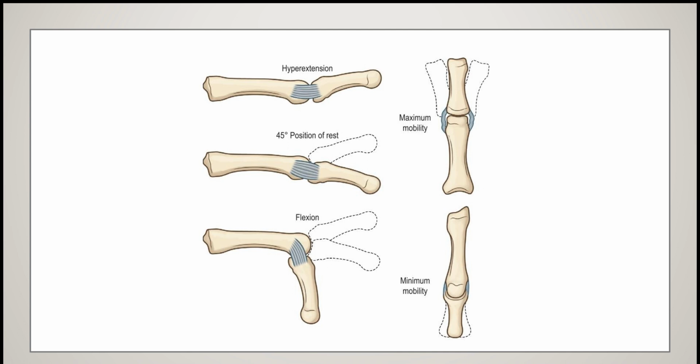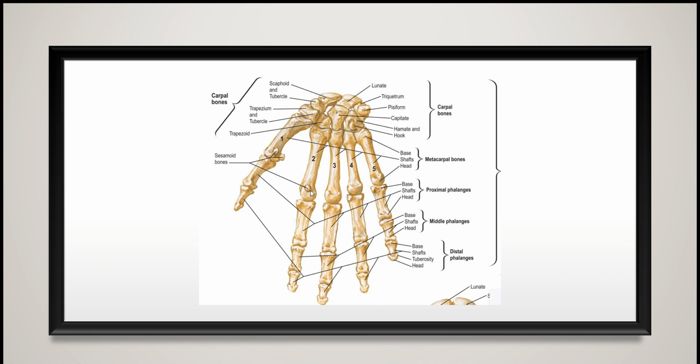Now, about the metacarpophalangeal joint, you can see the diaresis here for the collateral ligament attachment, and you can see the hinge joints of the proximal and distal interphalangeal joints allowing only flexion and extension. The metacarpophalangeal joint, as we have mentioned, also allows circumduction.